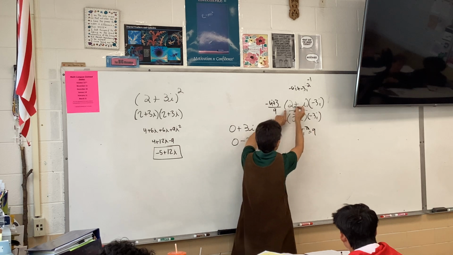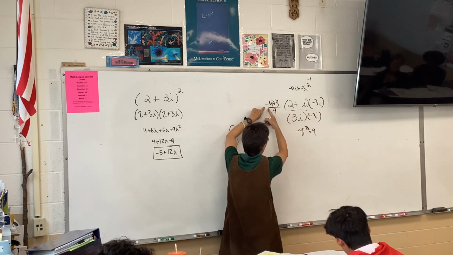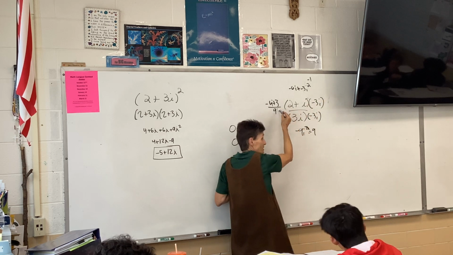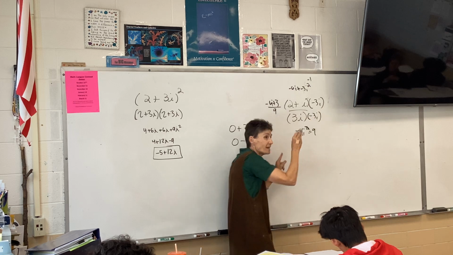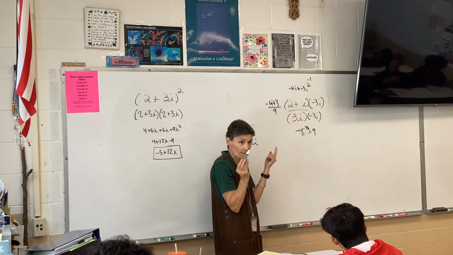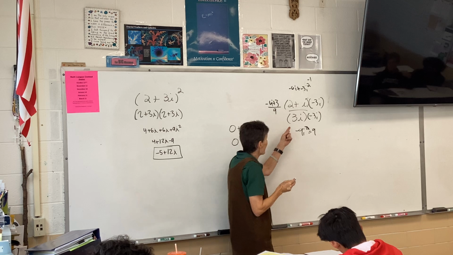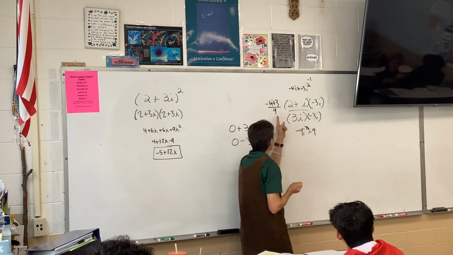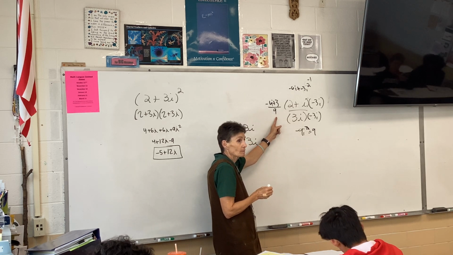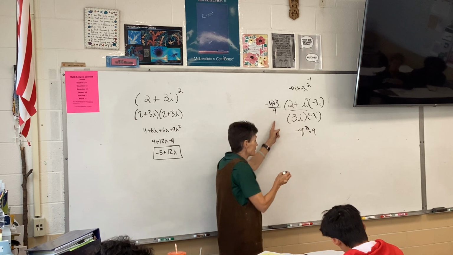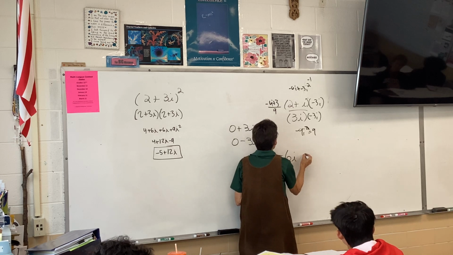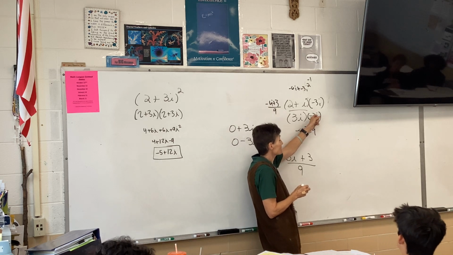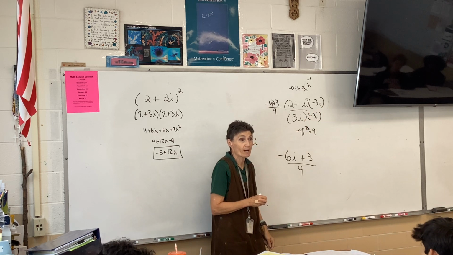So he distributed up here and got negative 6i, and then he turned this into a plus 3 because it was a negative 3i squared. Does that make sense to everyone? And then that was over negative 9i squared, which he made a 9. So he got negative 6i plus 3 over 9 when he multiplied the top and bottom by negative 3i.